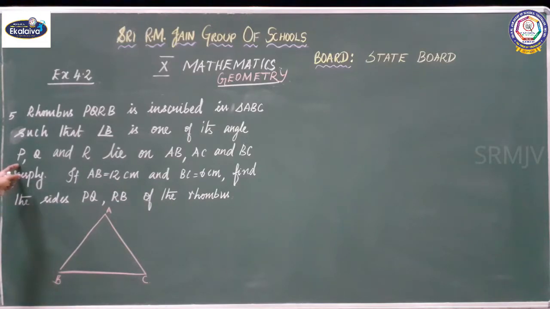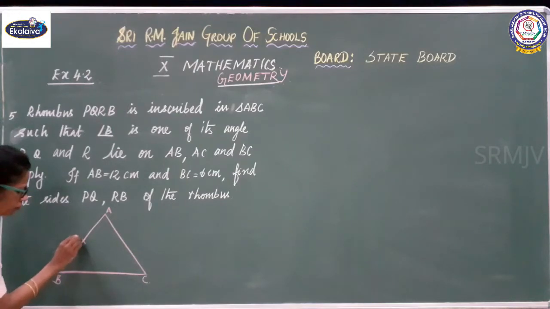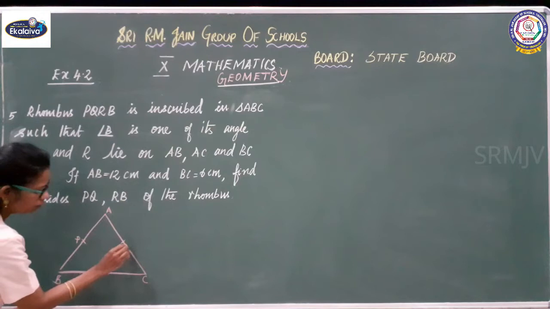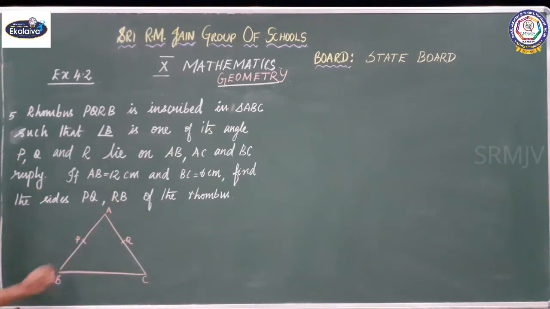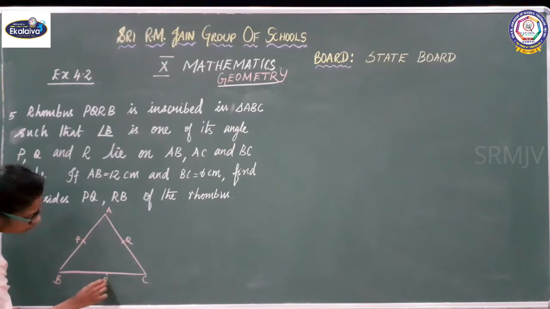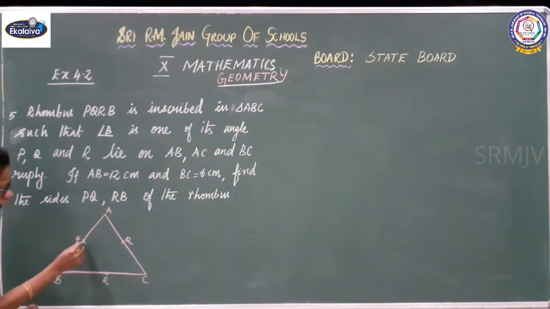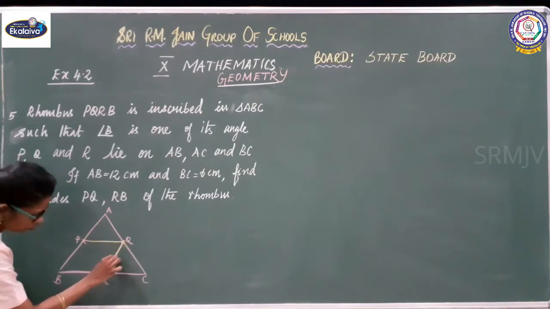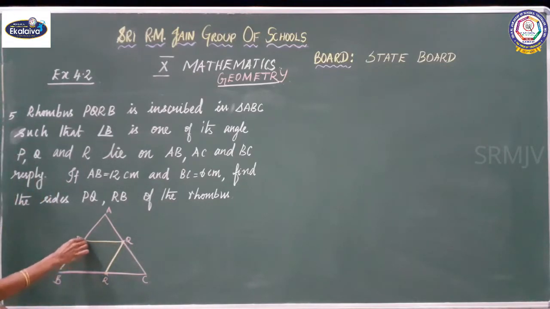P is a point on AB, Q is a point on AC, R is a point on BC. Now I am going to connect PQ, QR. Now you see, it looks like a rhombus. The rhombus exists inside the triangle ABC.